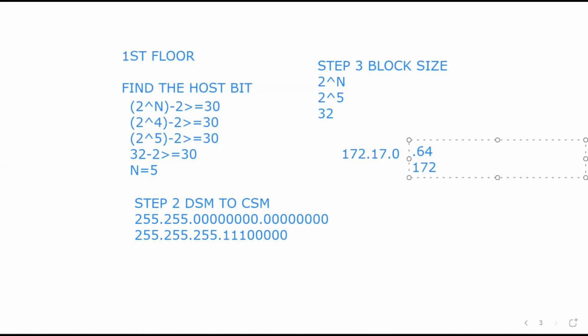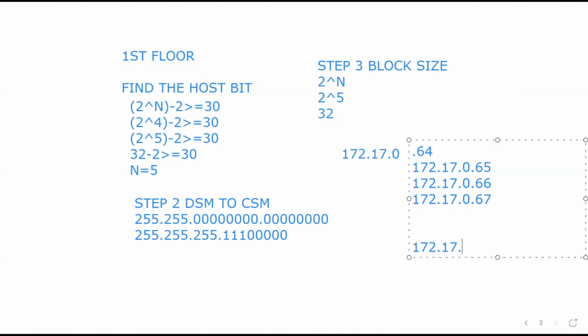Then 172.17.0.65 is our valid IP, 172.17.0.66 is a valid IP, 172.17.0.67 up to 172.17.0.95.